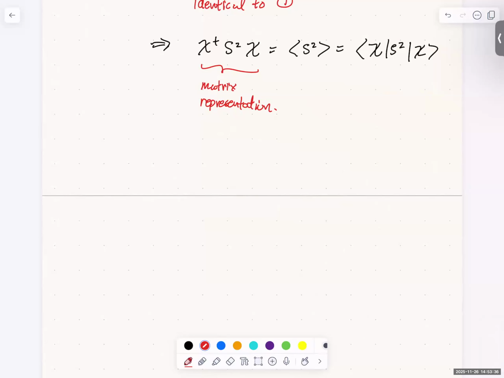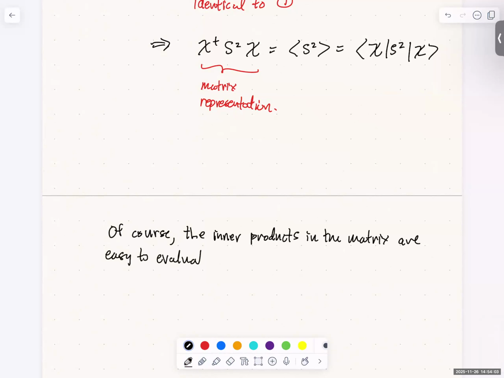So how are we doing here? Okay, so of course the inner products in the matrix are easy to evaluate since chi plus minus are eigenstates of our S squared operator.